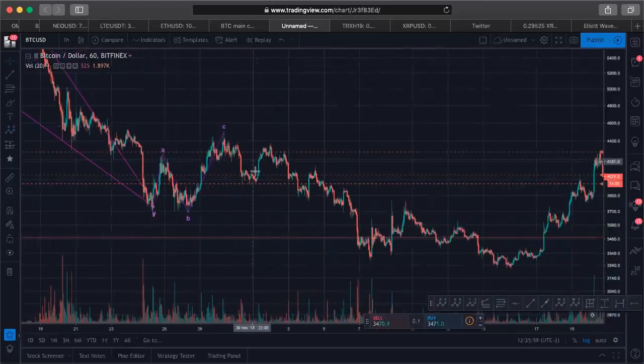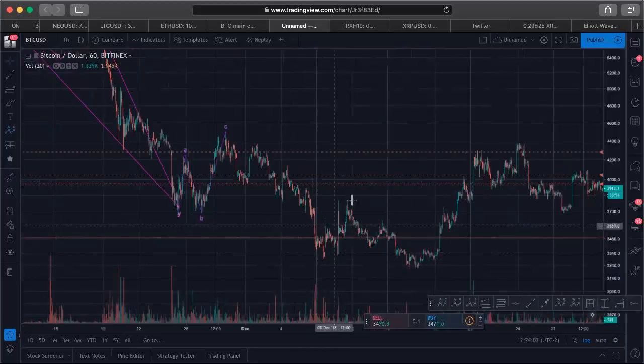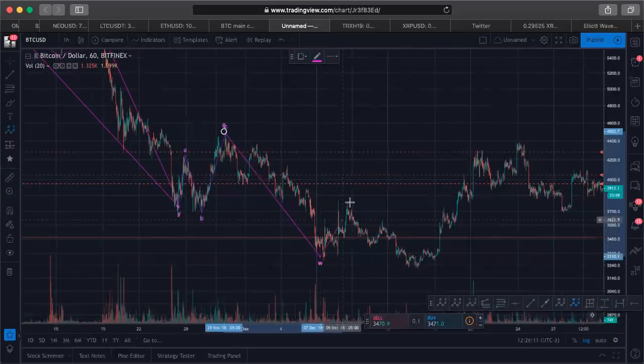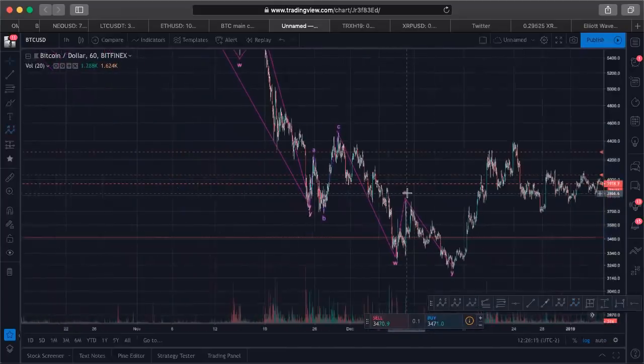And then we come down here and we've got 1, 2, 3, 1, 2, little X wave here, and then 1, 2, 3. So that's a WXY as well.